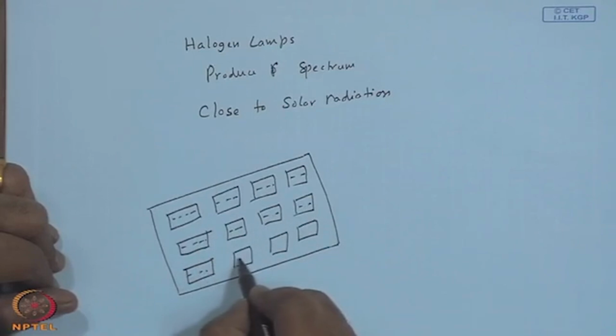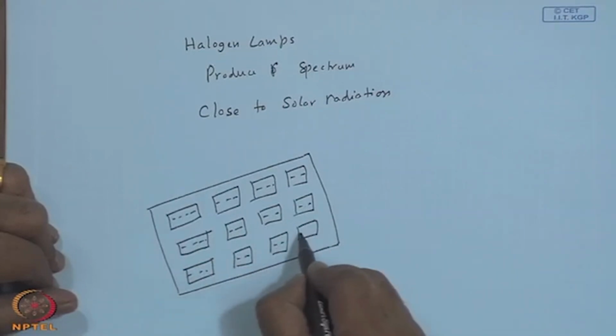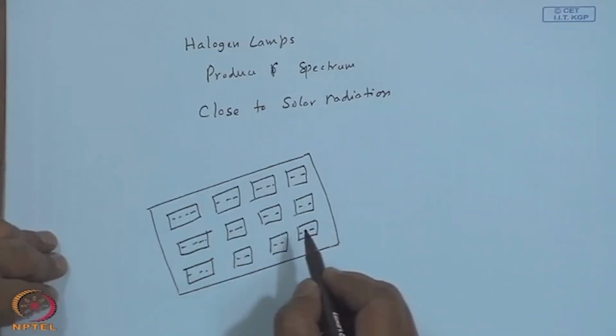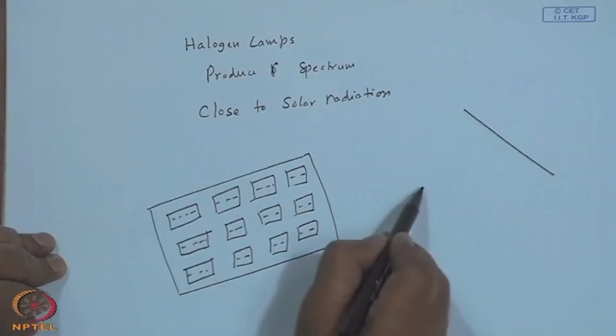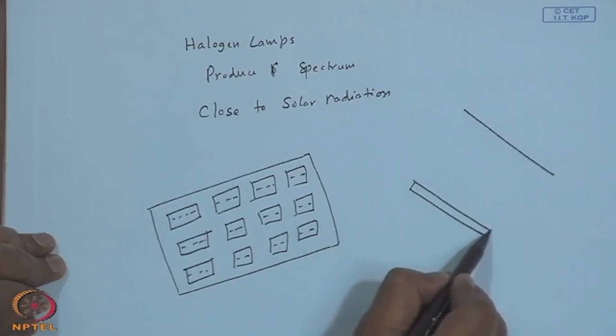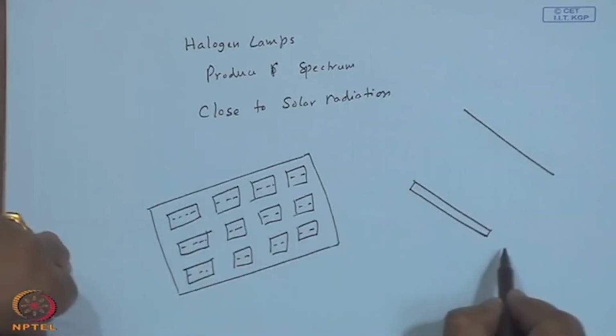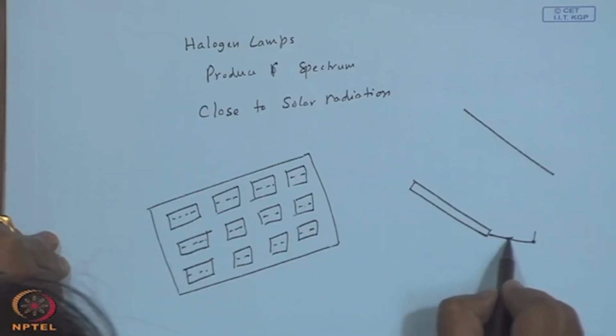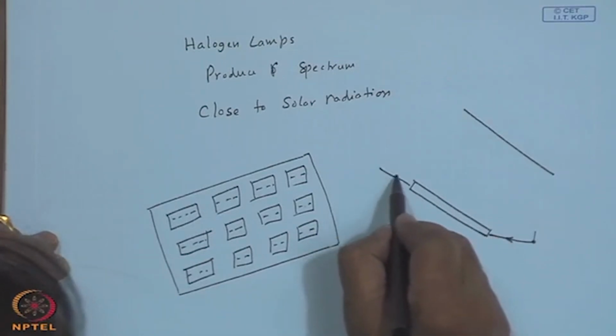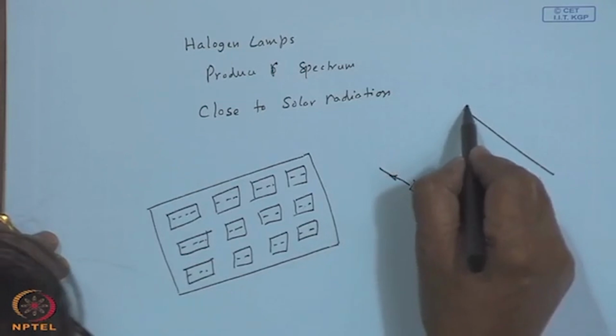So, a simple arrangement can be made so that the angle can be changed. If this is the one, you may keep your collector parallel to this, with your flow and other instrumentation, of course.